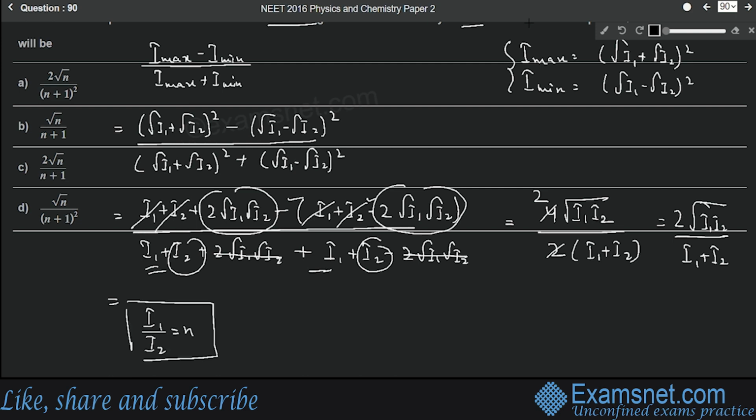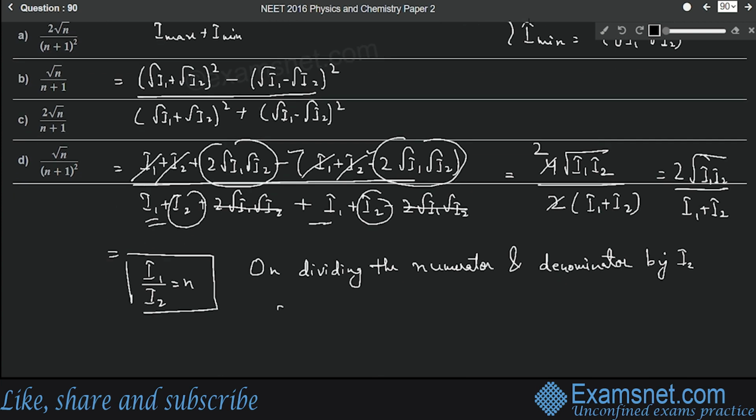So let's divide the numerator and denominator both by I2 to get the desired result, because we have to get the value I1 by I2, so that we can substitute it by n.